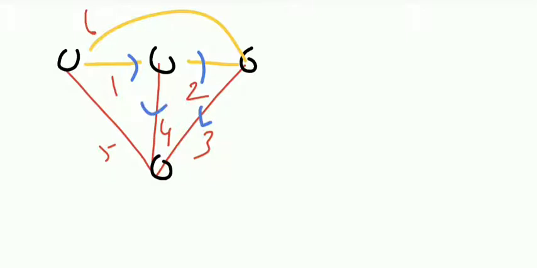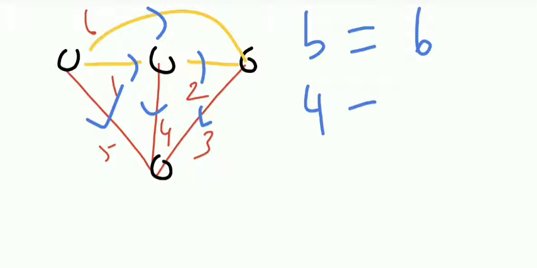This one, this one, this one, this one, right? And it has 6 branches and 4 nodes or vertices, right? Vertices or nodes, it is 4, right?